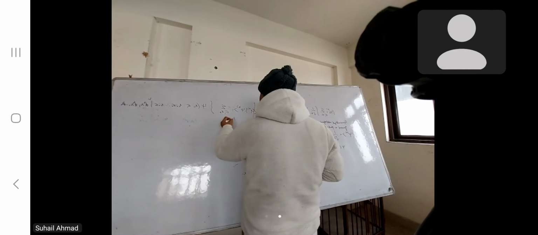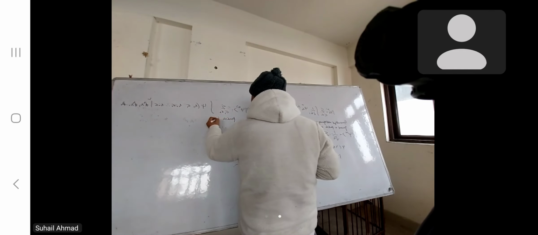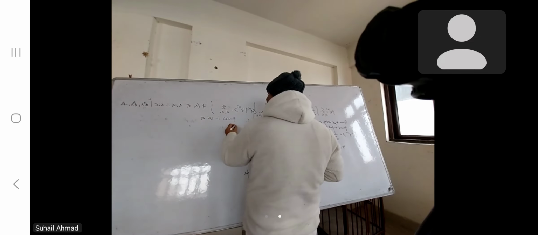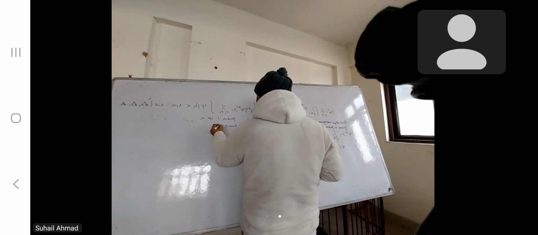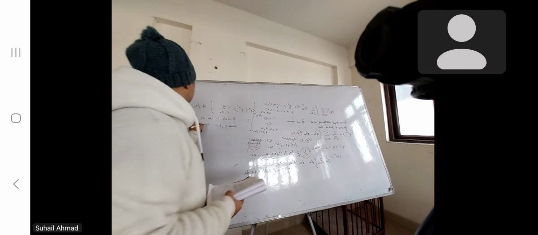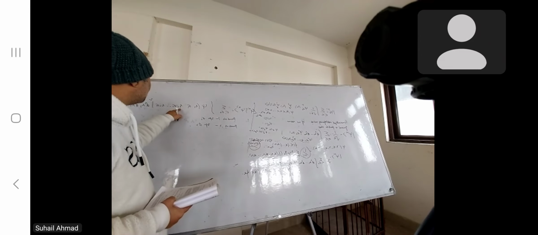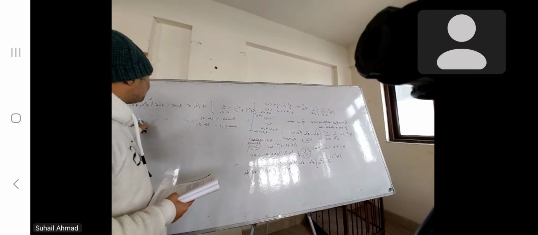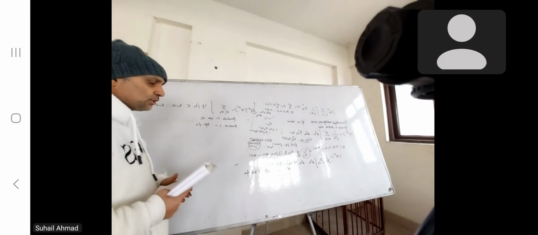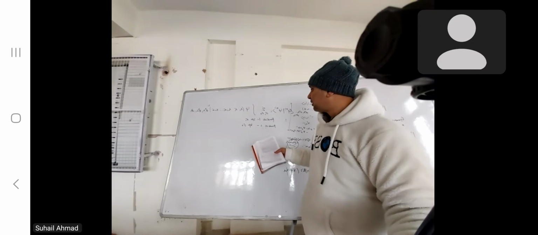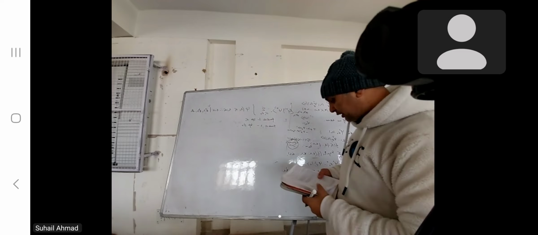So this can be the probability of particle 1 with spin sigma 1, particle 2 with spin sigma 2, and so on and so forth in this configuration space.